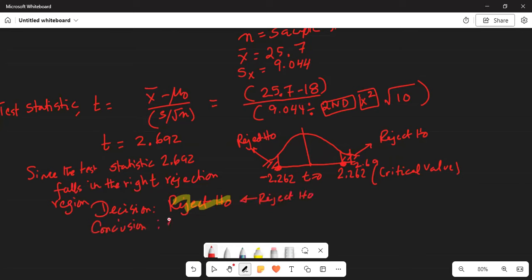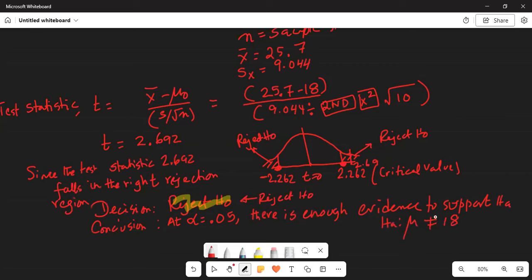The conclusion is, if we reject H0 at alpha equal to 0.05, there is enough evidence to support HA. What is HA? HA states mu is not equal to 18. So that's the long way of doing it.